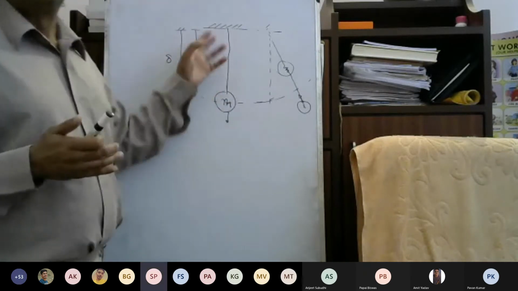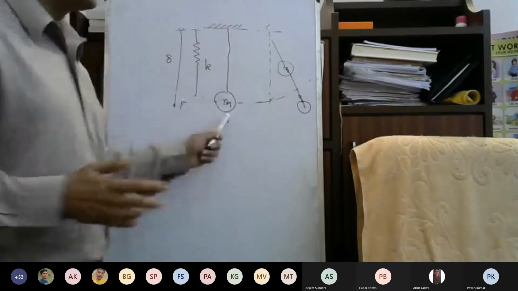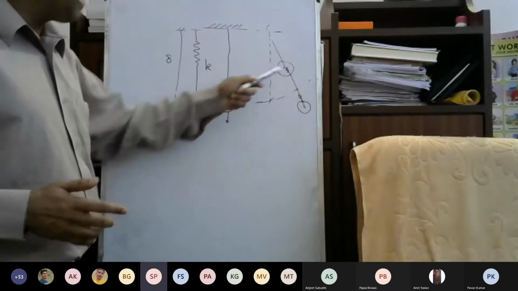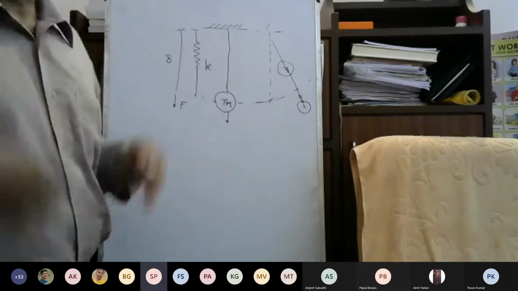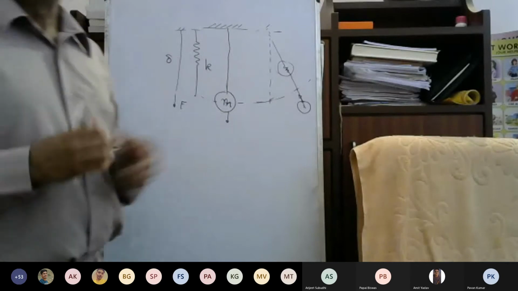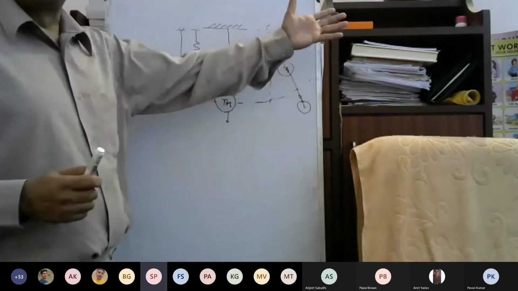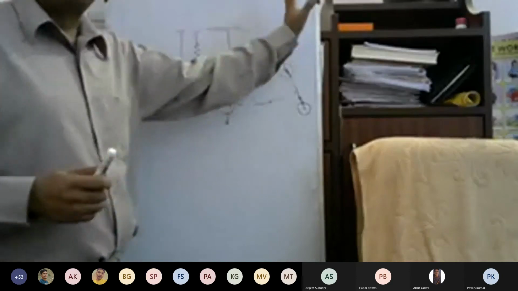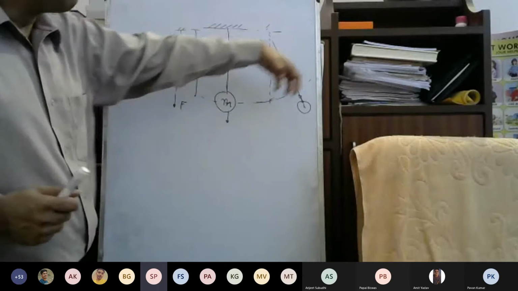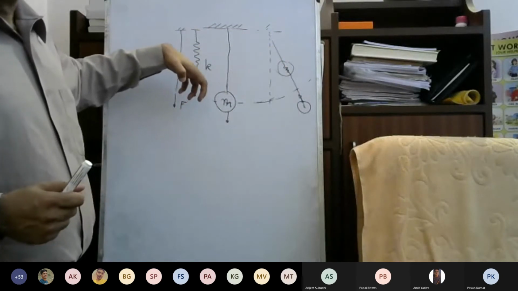Deformation is there, but for vibration, deformation may not be required, as you have seen that there is no deformation anywhere. But there is vibration because there exists a restoring force field. The gravitational field is acting like a restoring force field. Whenever the pendulum is trying to move, the weight is bringing it towards the equilibrium position.